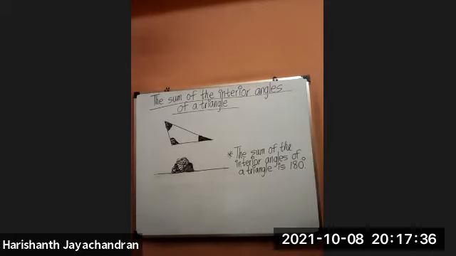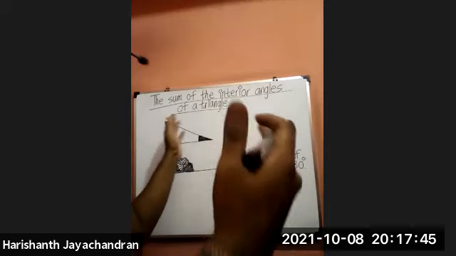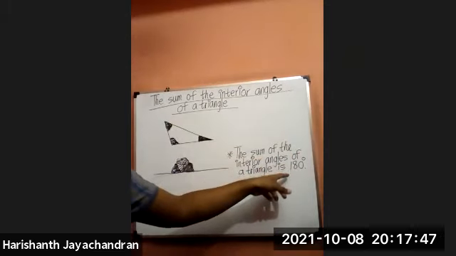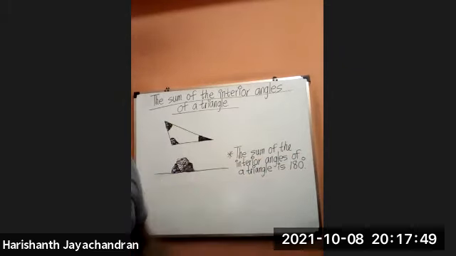Which means the addition or the sum of the interior angles of a triangle is equal to 180 degrees, right? Is equal to 180 degrees.